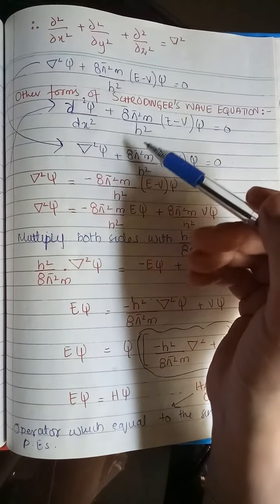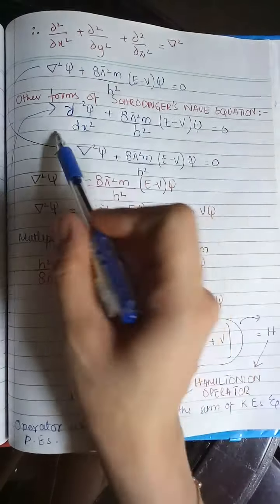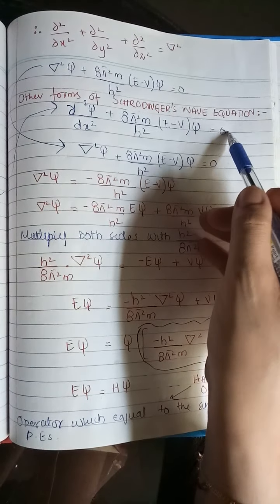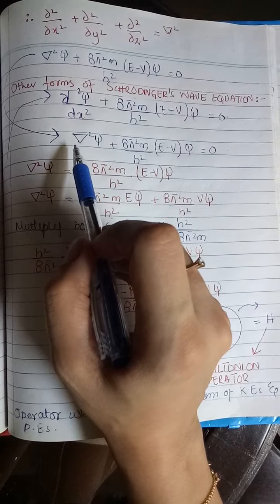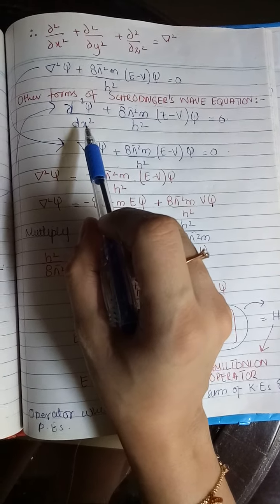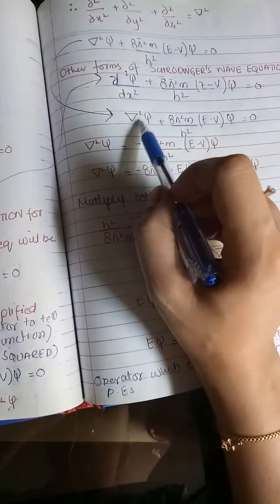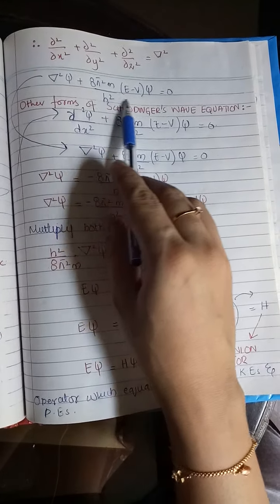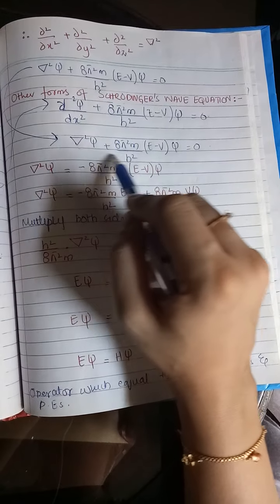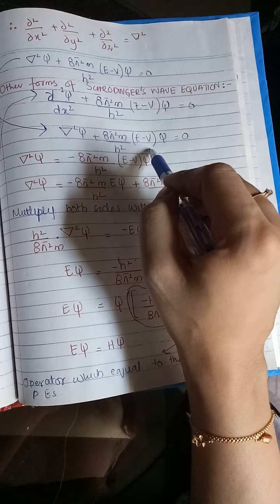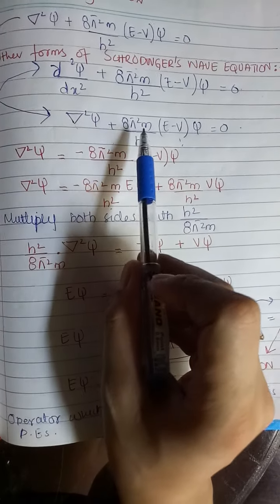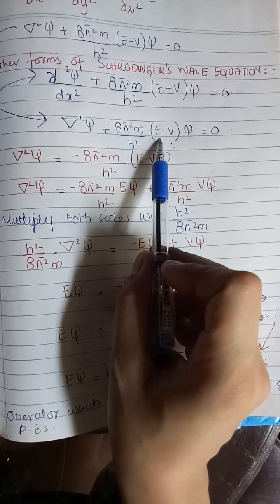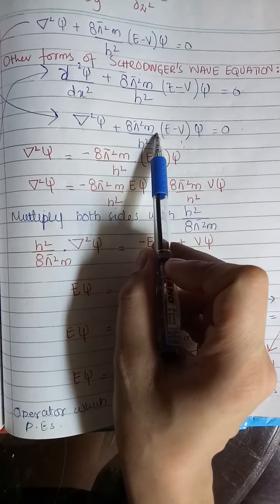Other forms of the Schrodinger wave equation can also be written. If we take this equation, this is the simplified form with the Laplacian operator. What we have done is that we have multiplied this value with this and psi value with this.